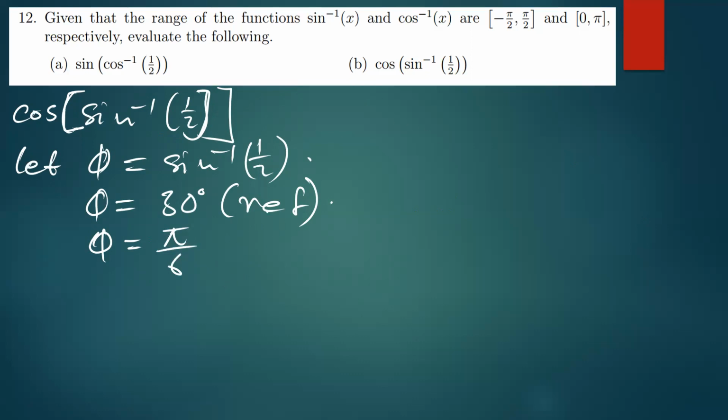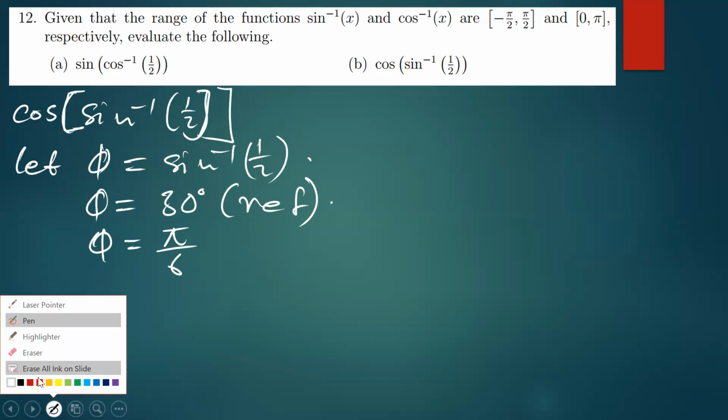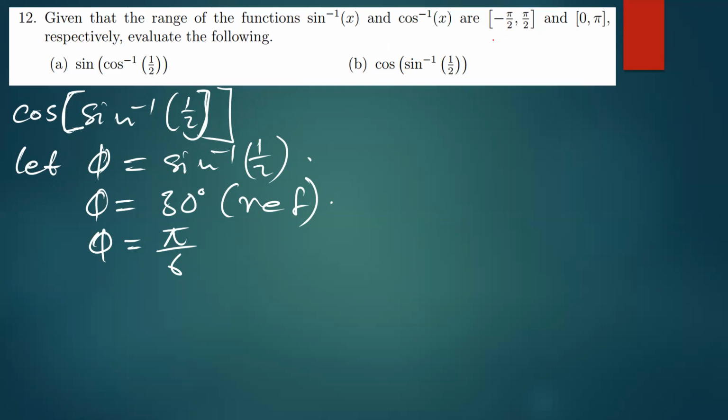Then we have to check the quadrants to see if we also have another angle in another quadrant which qualifies to be in the range we've been given for sine inverse. The range for sine inverse is from -90 to 90, because pi/2 is the same as 90.